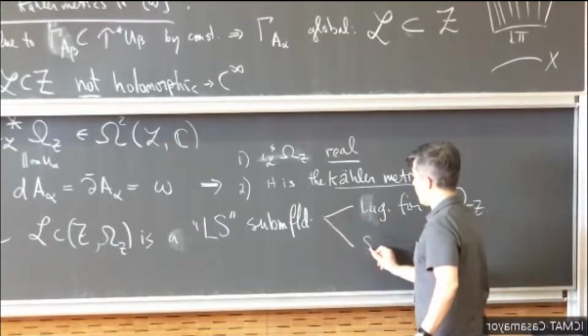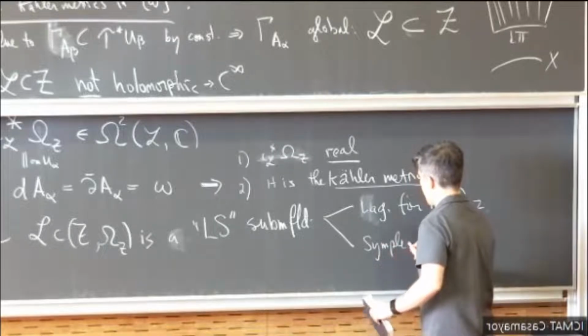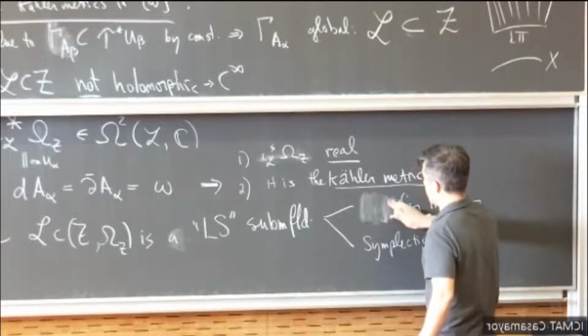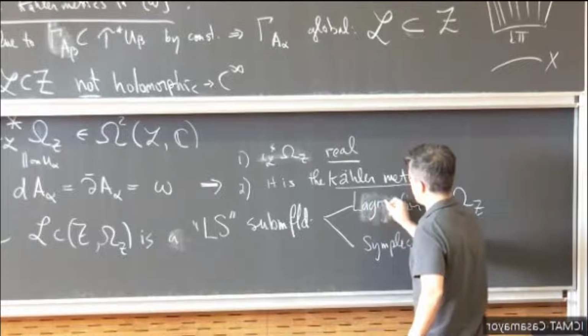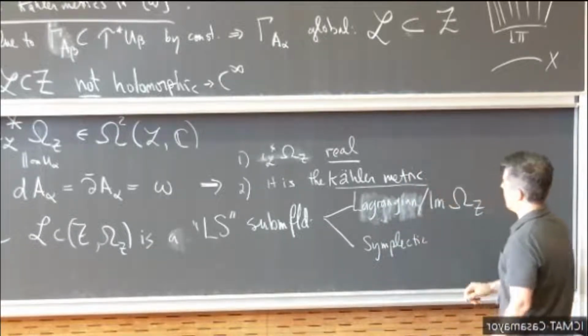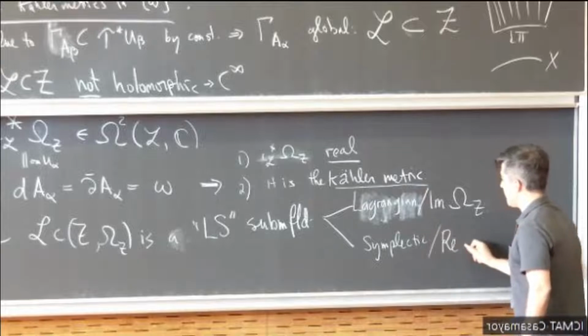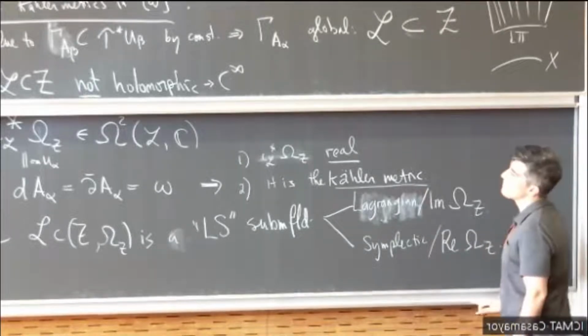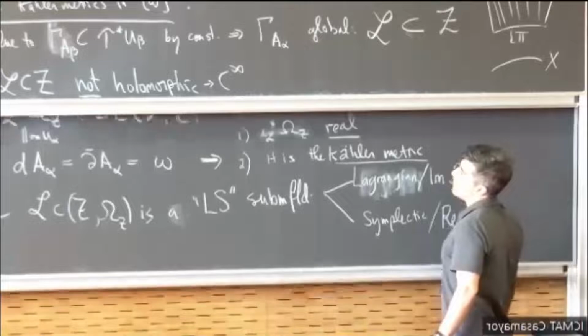And it's symplectic. Sorry, I should write the word Lagrangian at least the first time. It's symplectic for the real part of omega Z.